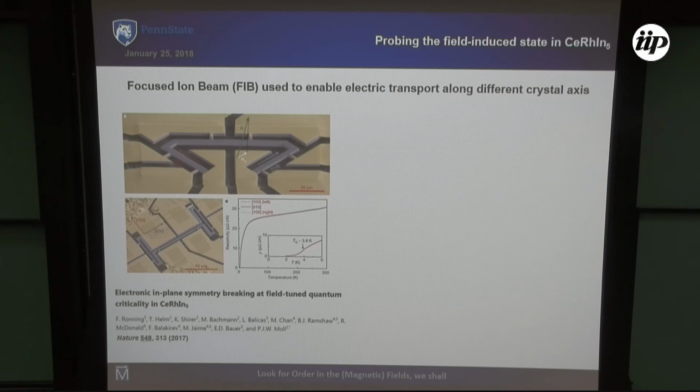Why did they decide to do this measurement at all? Well, after doing several of these measurements, they noticed some variability of the results between different samples, which led them to wonder if there is some emergent anisotropy at high magnetic fields.